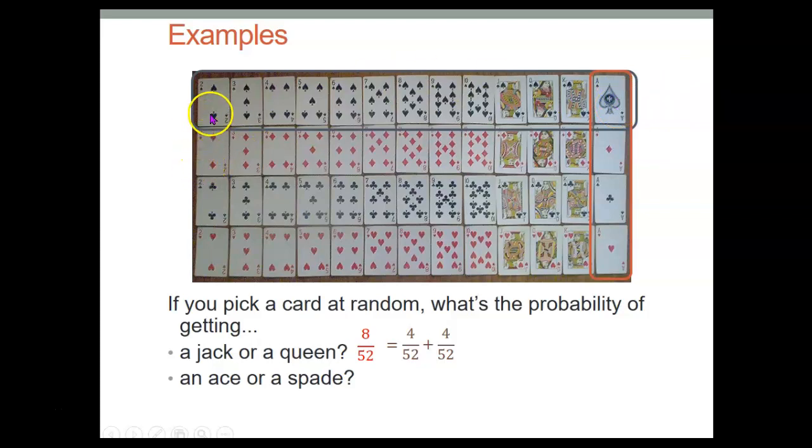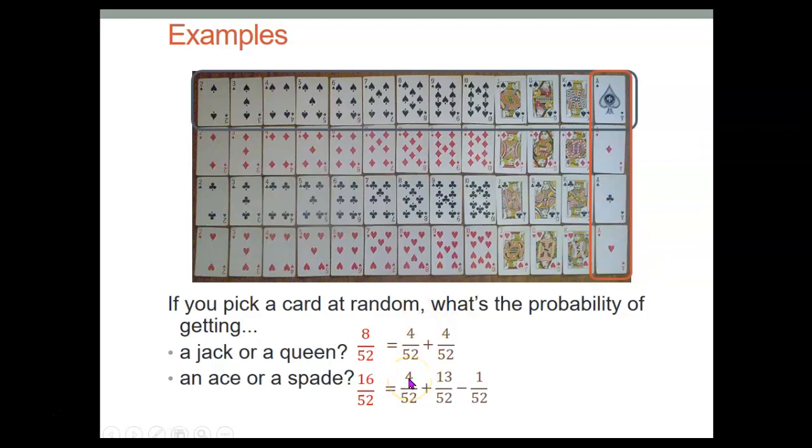If you just go through and count out of all 52 possible outcomes, how many are there where this is true, where the card you picked is either an ace or a spade? There's 1, 2, 3, 4, 5, 6, 7, 8, 9, 10, 11, 12, 13, 14, 15, 16. So the probability that the card you pick is either an ace or a spade is 16 over 52.